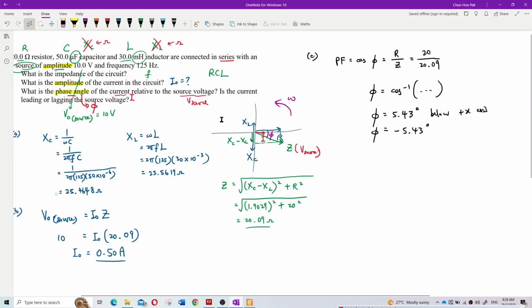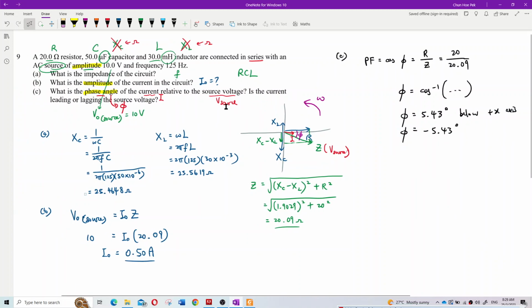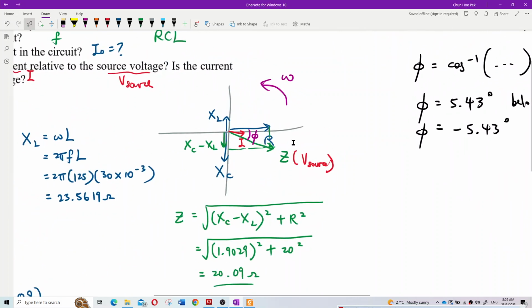Now, who is leading? Who is lagging? Is the current leading or lagging the source voltage? Now you see that the current is rotating anti-clockwise, so the current is at the front. V source is lagging behind. Why does this happen? Because XC is bigger than XL.